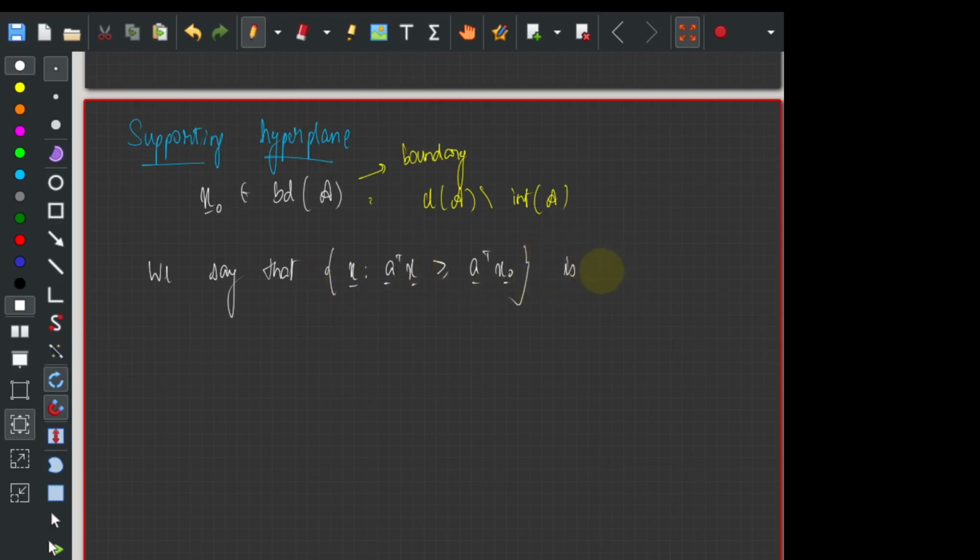We say that this is a supporting hyperplane for the set A if all of A lies exactly on one side of the hyperplane.